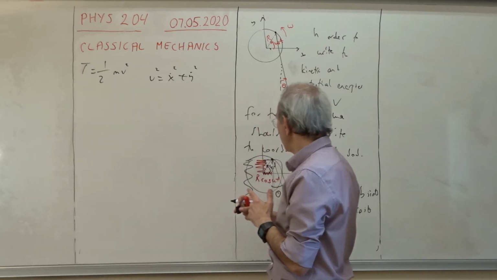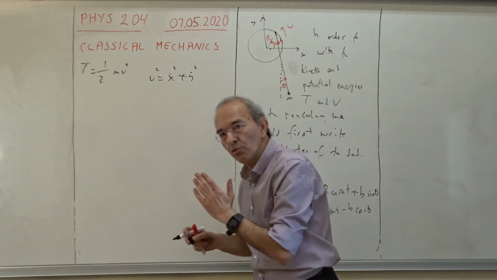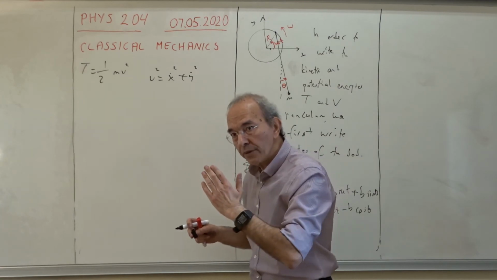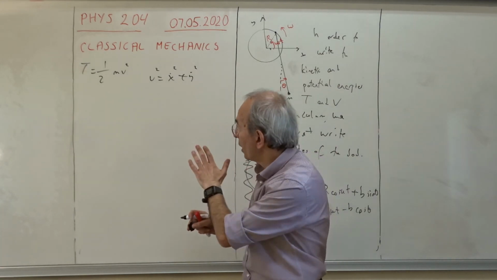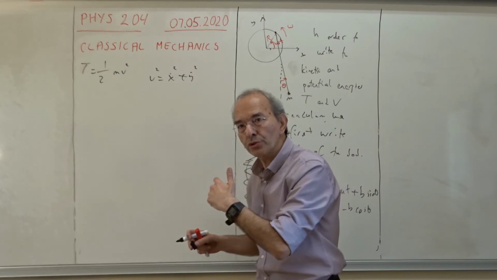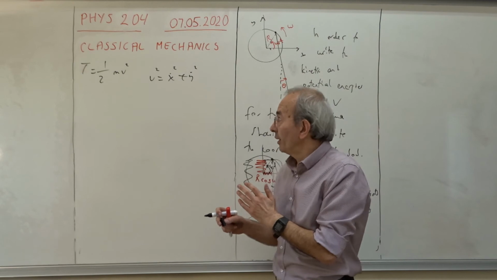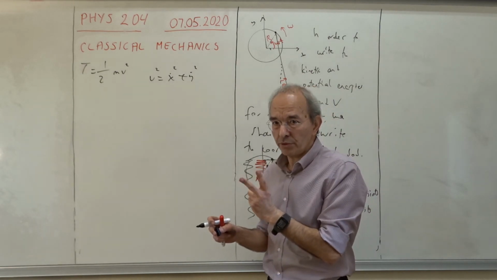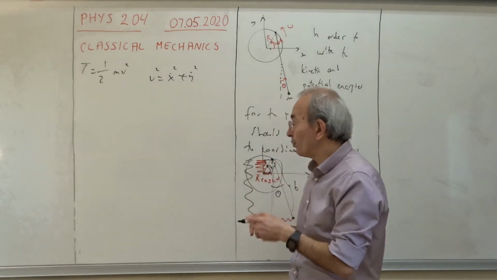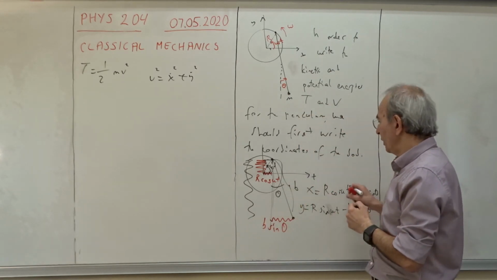However, now it has only two because the system is moving on a plane. There's no motion out of the board or into the board, so what is happening is happening in the xy plane. Therefore, it has only two kinds of components: x dot and y dot, and those x and y are written here.